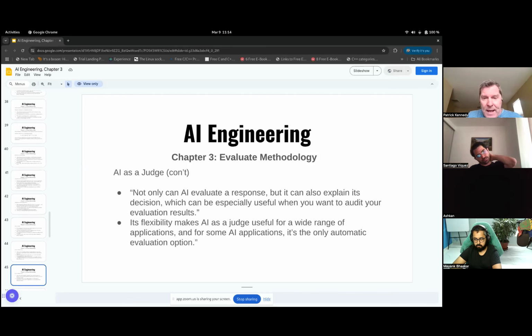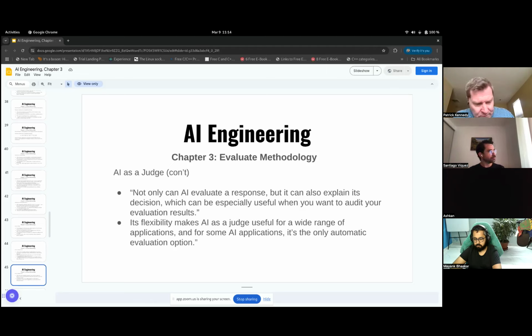Not only can AI evaluate a response, but it can also explain its decision, which can be especially useful when you want to audit your evaluation results. So not only will it say number 4 or number 5 is the best, given your input prompt, the question, and the way it was qualified, but it will also provide an evaluation. It'll say, this is why it's the best. As someone trying to improve the model, you can look at that response.